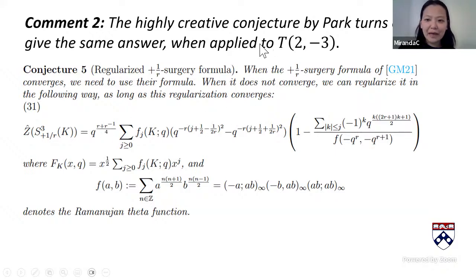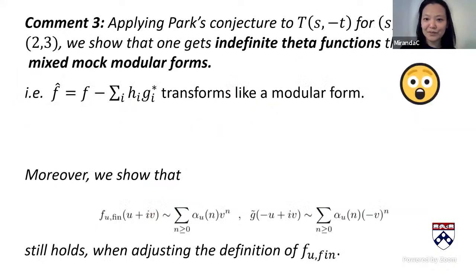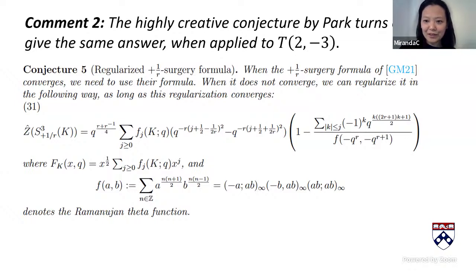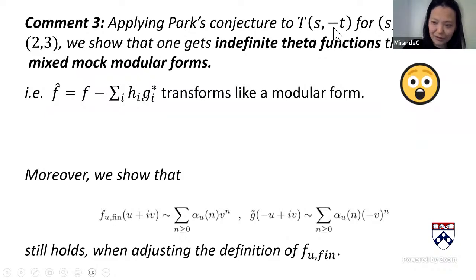And then we realized that if you apply his conjecture to the torus knots, the (2,3) knots, using the 1/r surgery for a general positive number R, and then massage it, it looks very different, but if you massage it well enough, you actually get to our answer in terms of the cone and so on also. So that's nice. Then we had this idea: why don't we just take his conjecture and apply it to other torus knots?